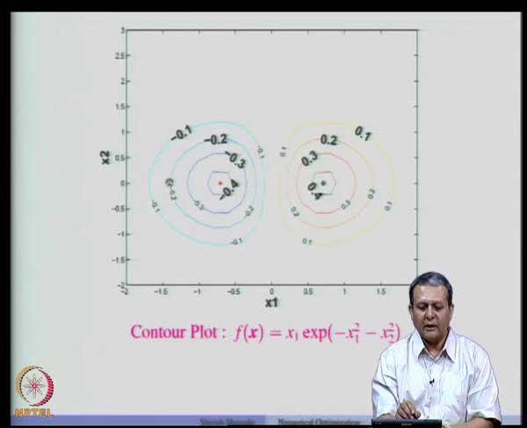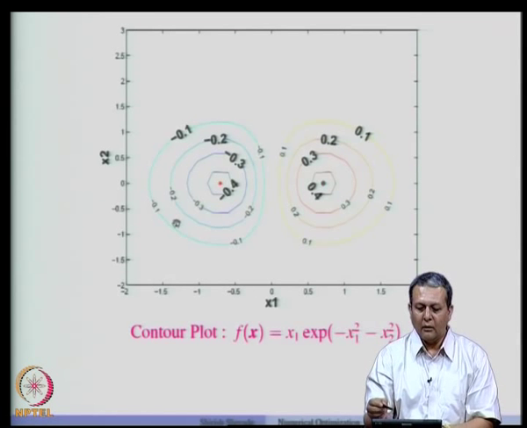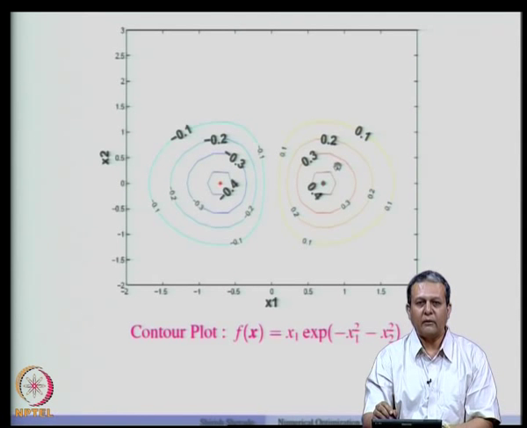As we move in the interior, it becomes minus 0.2, minus 0.3 and so on. And then if we move further, the value starts increasing. Let us take a point here. If we move in this direction, the value of the function increases. So you will see that from point 1 it goes to point 2, point 3.